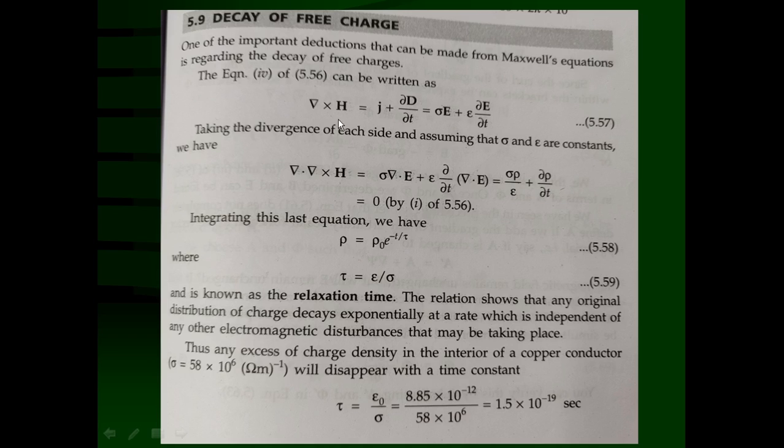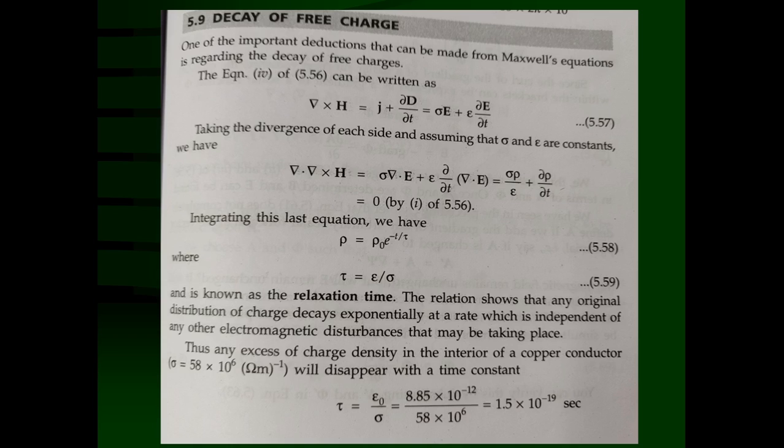Now, if we apply the divergence to this equation, that means we apply del with the dot product on both sides. That means del dot curl of H is equal to sigma divergence of E plus epsilon del by del t of divergence of E. We can substitute divergence of E is equal to rho upon epsilon.